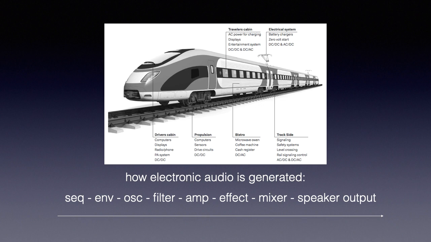That pulse is then controlled through the filter to give it that tonal characteristic, out through the amp to increase its loudness, into effects like reverb or delay, into the mixer to control its level, and out through the speaker output. But importantly, it all starts with the envelope to control the attack, decay, sustain, and release of that pulse. Once you hit it on a keyboard or a sequencer, and again, a sequencer could be replaced by a keyboard, you get a sound, whether that's a fake organ noise or a square wave. That's the basis of how electronic audio is generated.